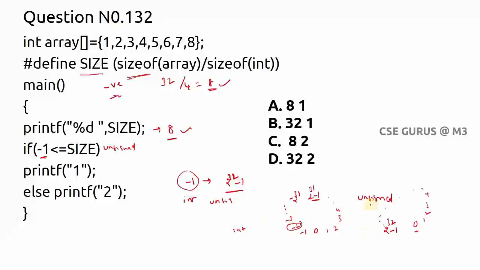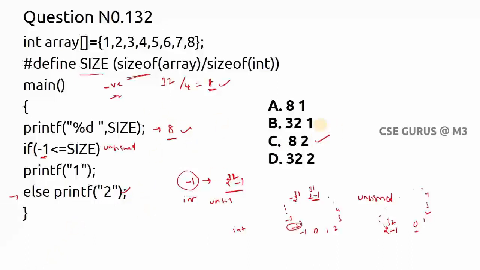What about -3? 2 power 32 minus 3. Like this it will consider the values. So for -1, the value is 2 power 32 minus 1, which is a very large value. So is it less than the size 8? Definitely not. That's why else will be executed. It will print 2. So the answer is 8 and 2.